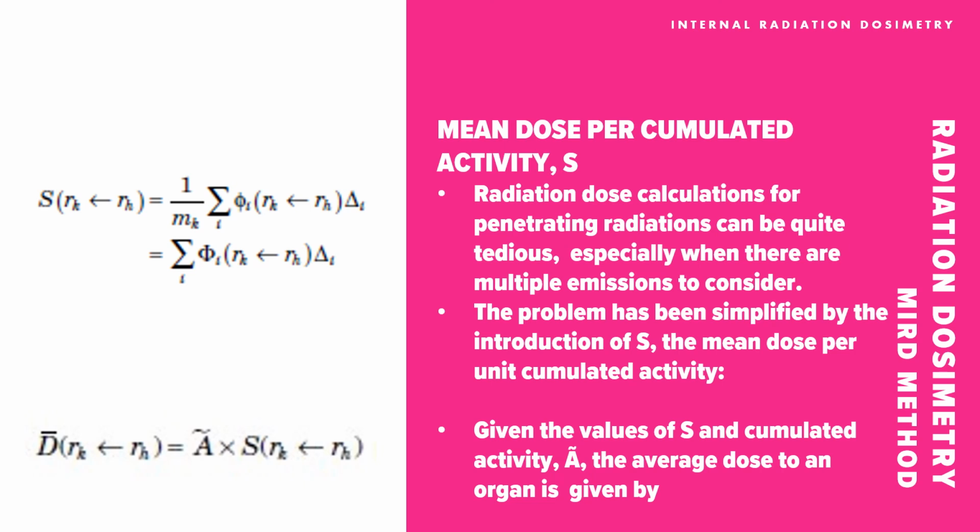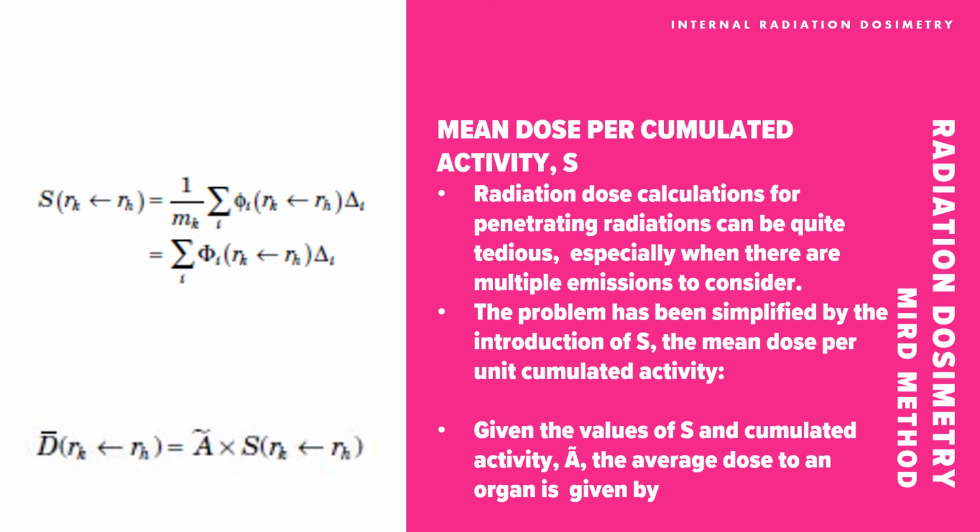Usually you have S, and in brackets you have the target organ and then the source organ. If you simplify the equation, it can be the total specific absorbed dose times delta. In other words, if you rearrange the equation, the average dose equals the cumulative activity times the mean dose per cumulative activity.